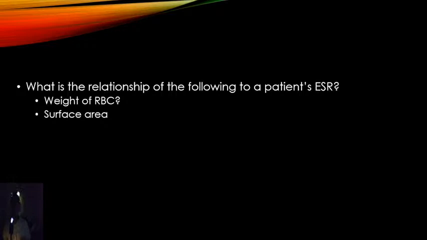What do I mean by weight and surface area? Weight is how heavy the cells are. But sir, we don't measure the weight of RBCs. How will we know this? Well, if you are familiar with the RBC index, mean corpuscular volume, you would be able to deduce either the weight of the RBCs or the surface areas of the RBC.